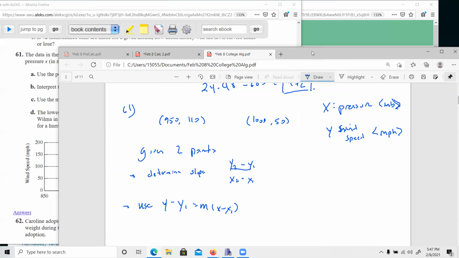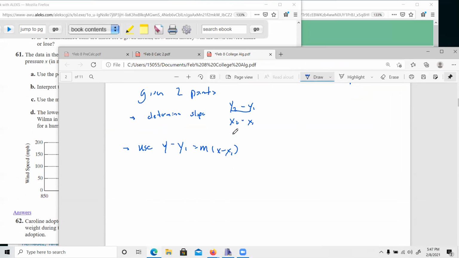All right. In order to put our data in here, we are going to simplify to slope intercept form. Okay, those are our steps here. And then once we have it in slope intercept form, we can consider another question. Okay.